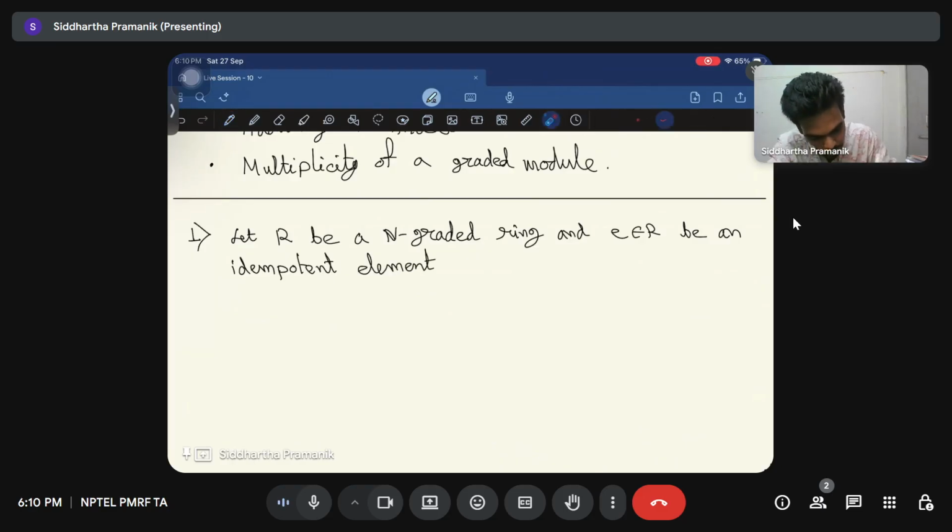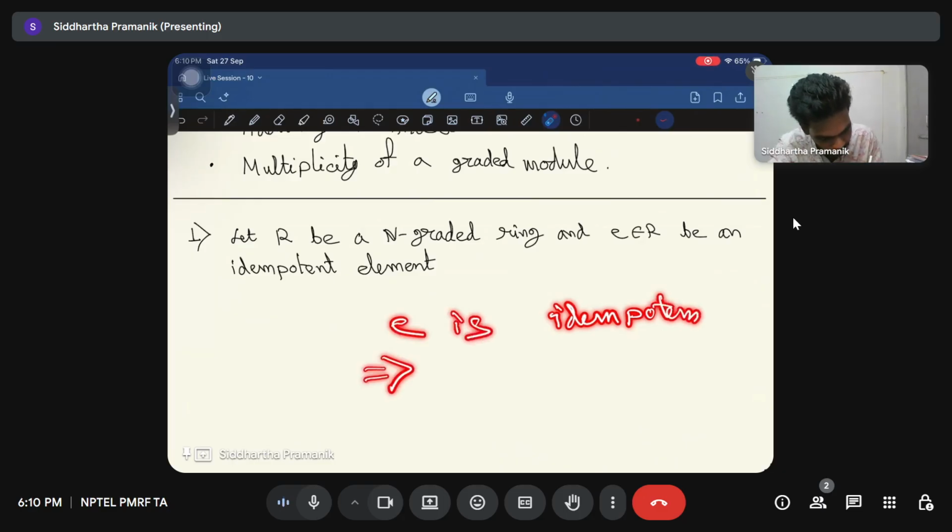So recall that e is idempotent means e squared has to be equal to e. That is the definition of an idempotent element.